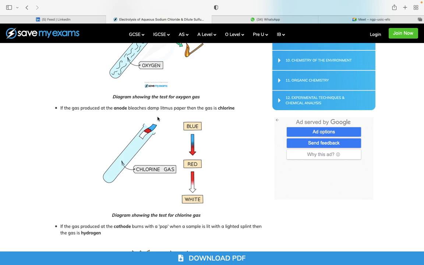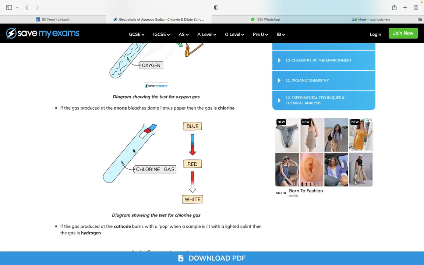What happens if it's chlorine gas is that it will bleach it. If you bring a damp litmus paper to this gas and the gas is chlorine, it's going to bleach it from blue to red to white. First, if you bring it close, it will change to red, and at some point you will see that it's bleached. It's bleaching the color away.